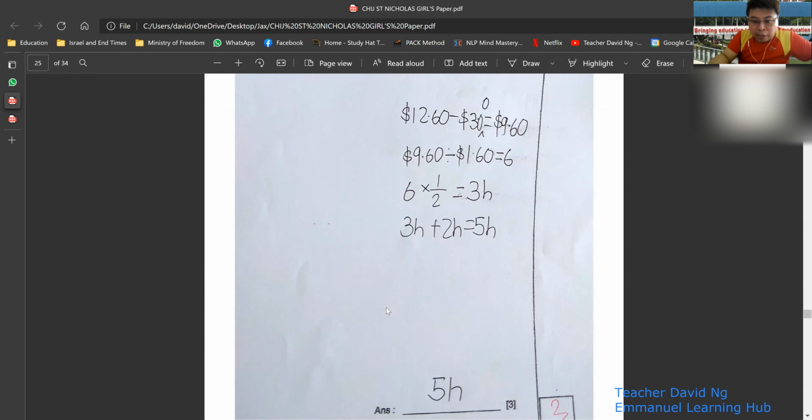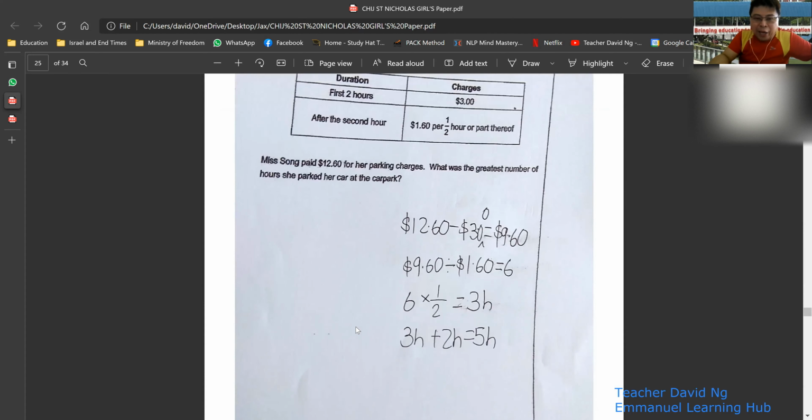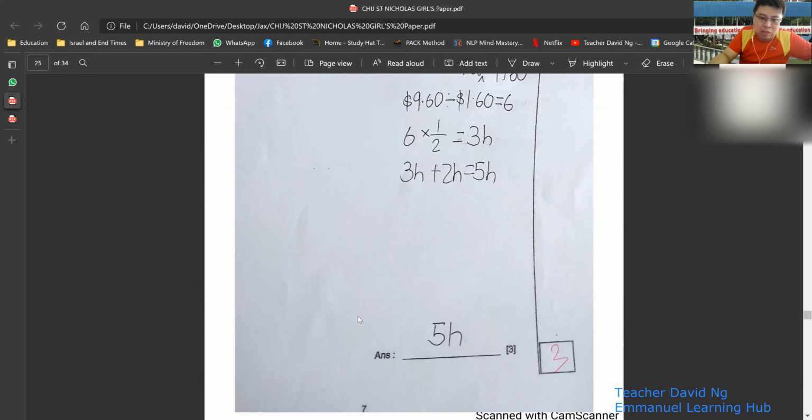So be careful in exam. Remember to write 5 HRS or HOURS. Okay. 5H, no S. You write 5HS, they might also circle. So the safest is spell out hours with an S. HOURS or HRS.